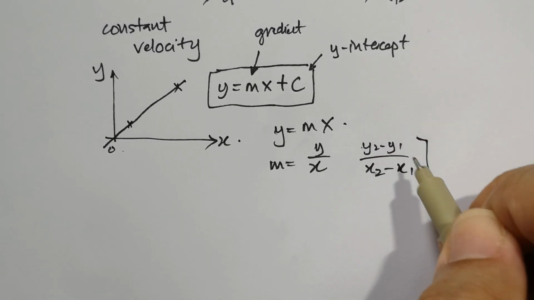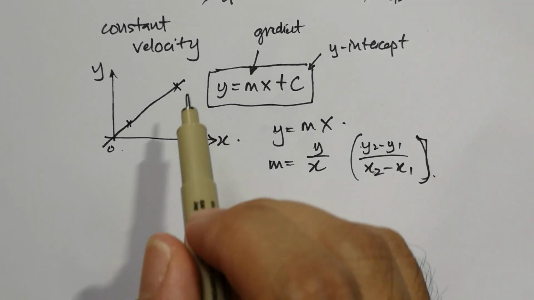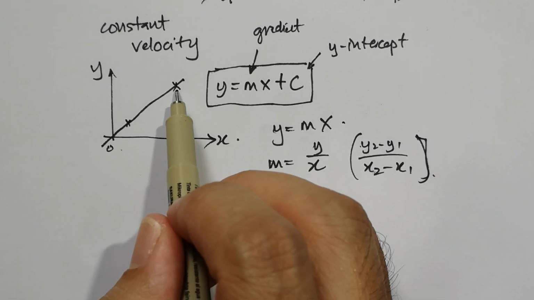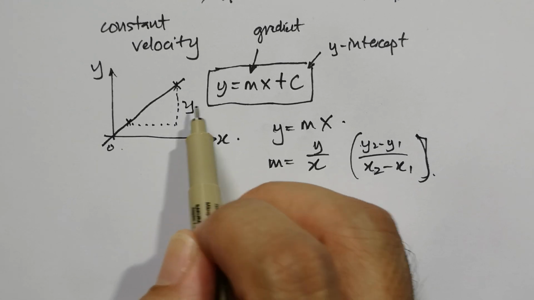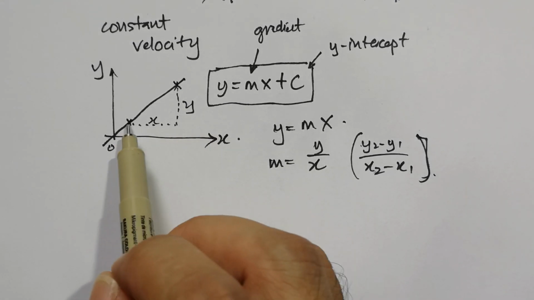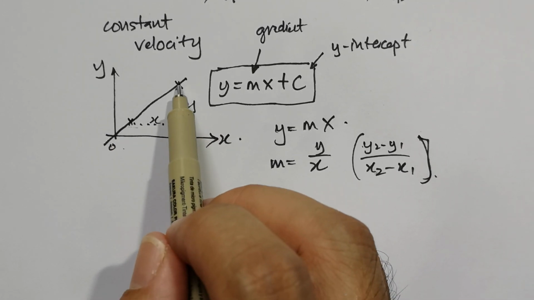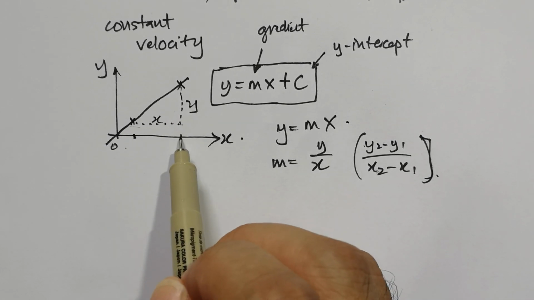It's essentially the same thing. This is in coordinate geometry. When you do y2 minus y1 over x2 minus x1, what you have is this component over this component, the gradient.